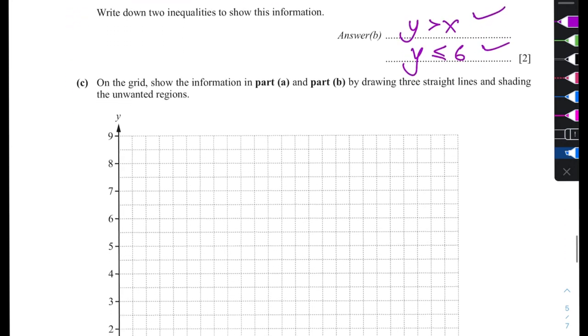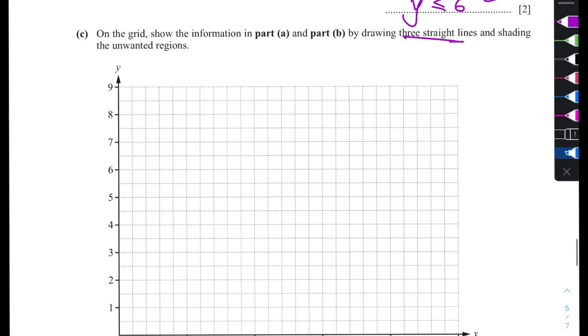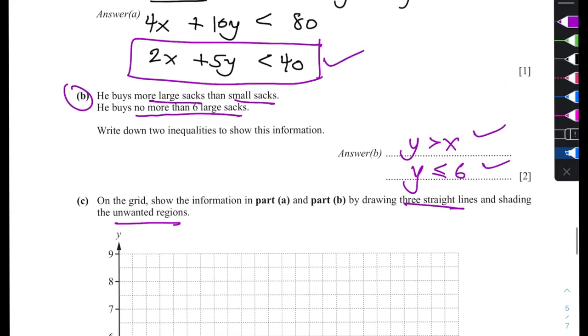Now the question goes on to say that we should graph everything we've done, those 3 straight lines, and then we should shade the unwanted region. Okay, let's rewrite everything here, and then we can copy it and take it down there. So I can use this one: 2x plus 5y is less than 40, and then we have y is greater than x, and y is less than or equal to 6.